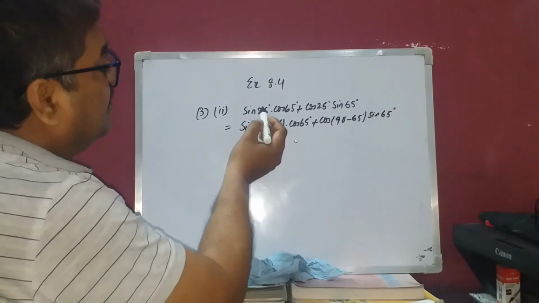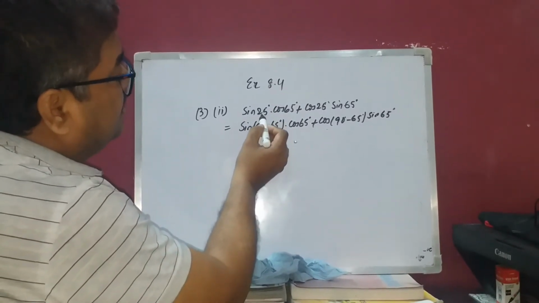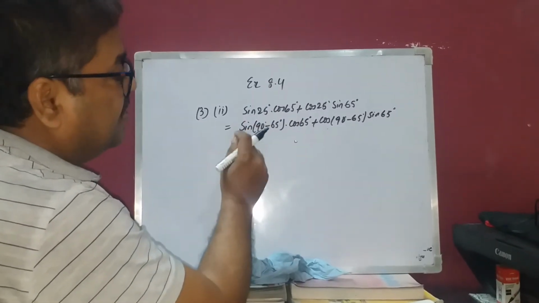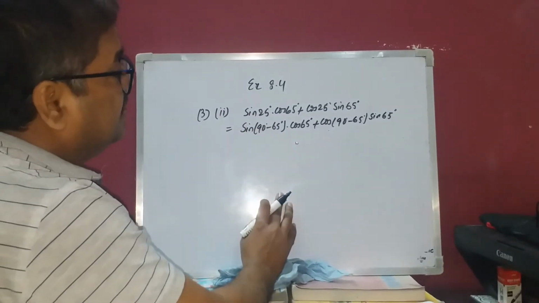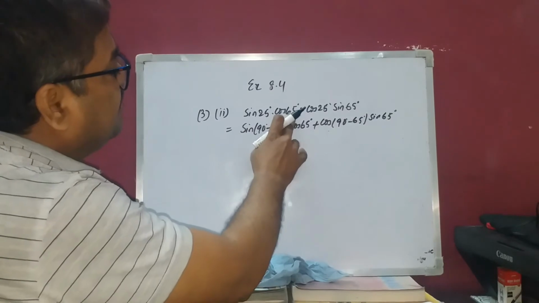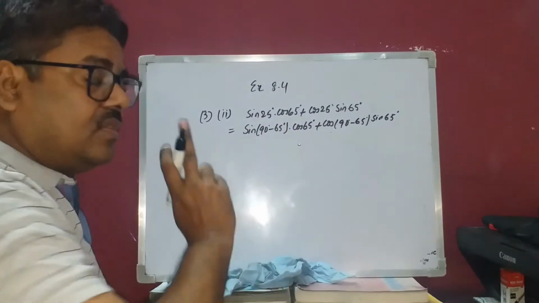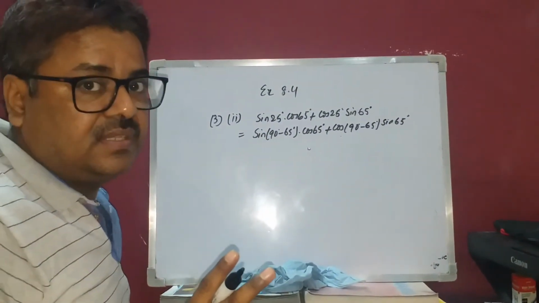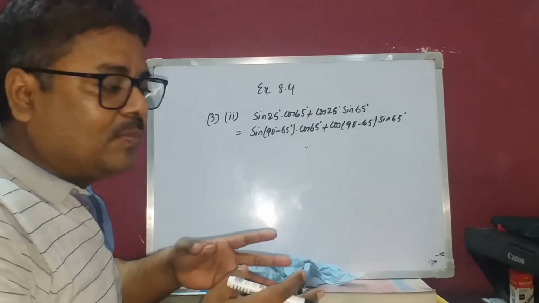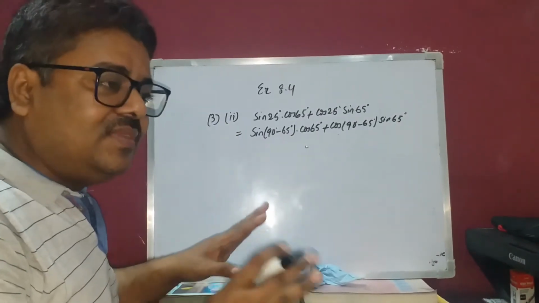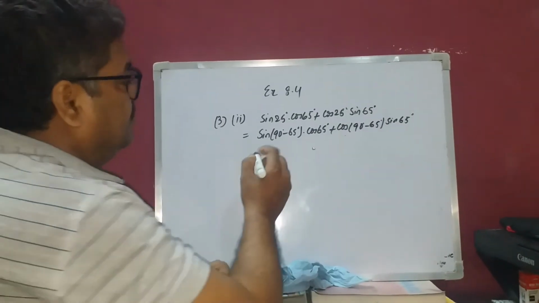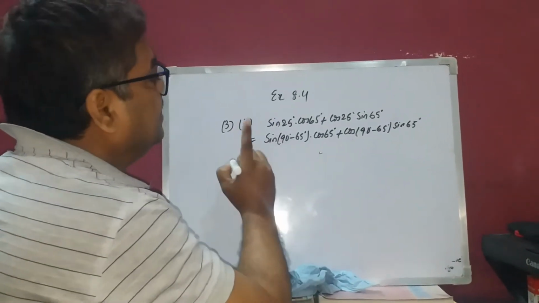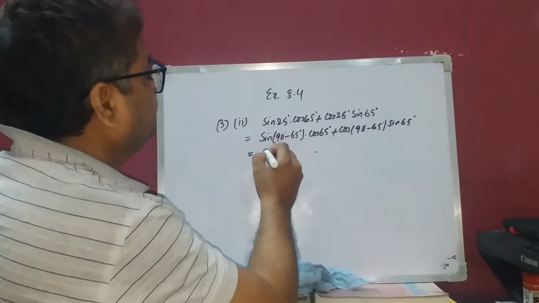Here I have converted 25 in terms of 65, but only one can be converted. You can also convert 65 in terms of 25, but only one should be converted. If you convert both at a time, then you will never obtain the answer. So you will convert only one angle at a time.